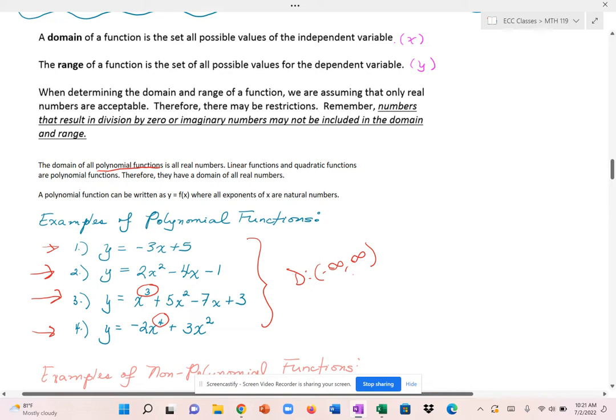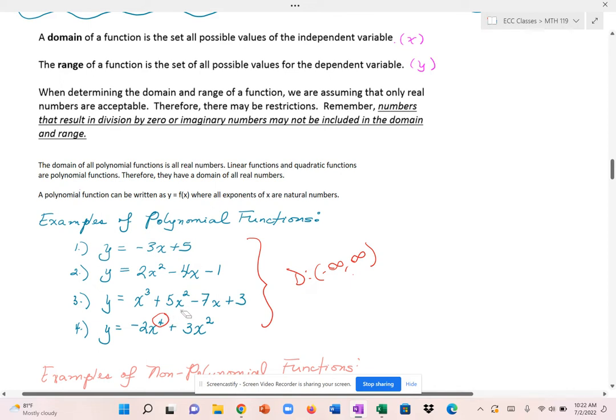There are no restrictions on what x can be. x can be 0, negative, positive, a fraction or a decimal. Any value you plug in for x, you'll be able to find a corresponding value for y. So those are the easy ones to figure out the domain because it's always going to be all real numbers.